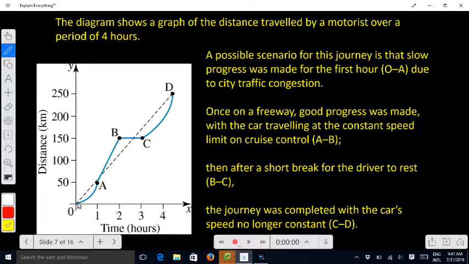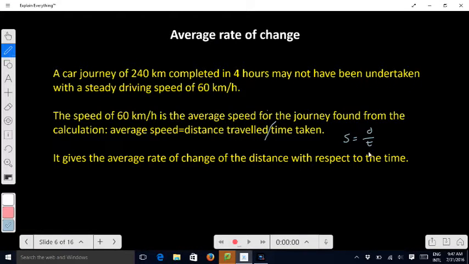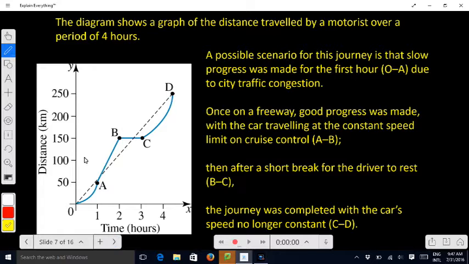So our average speed, as we had a look at, speed equals distance over time. The average speed would be 60 k's an hour, and that's by calculating 240 divided by our 4 hours, which gives us that straight line in there.